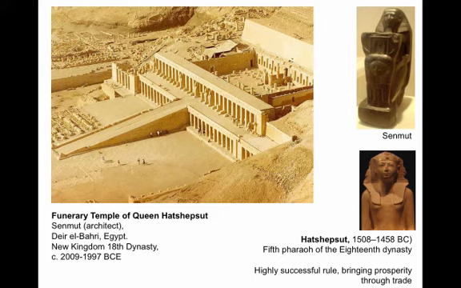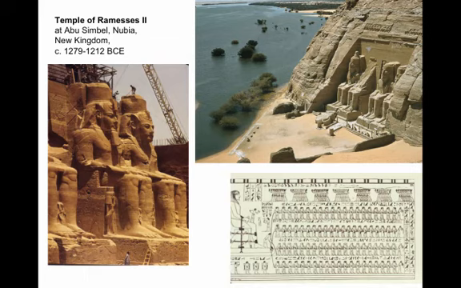Early in her rule, she did the military necessities and reestablished the strength of their borders, and then greatly increased Egyptian prosperity through trade, and was able, therefore, to do a lot of building. And this building is regarded as one of the buildings that is comparable in elegance to classical Greek and Roman architecture. Our other figure is Ramses II.